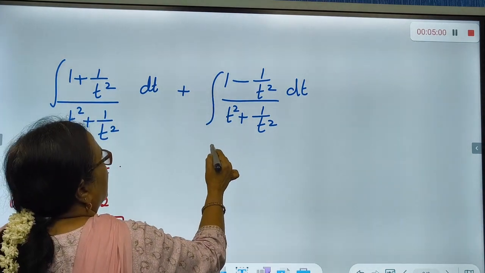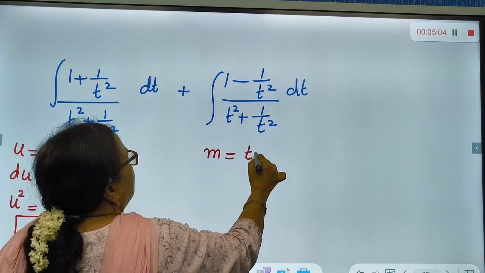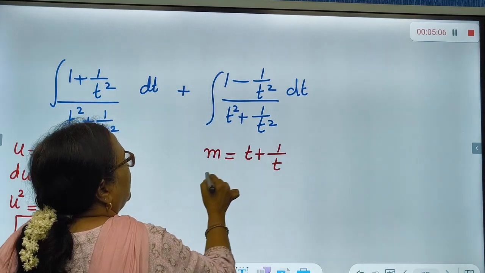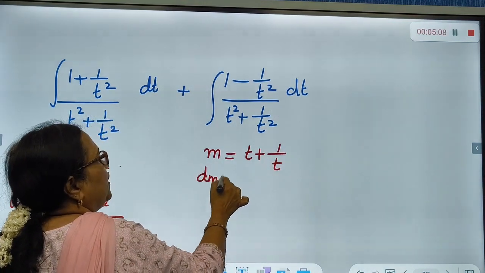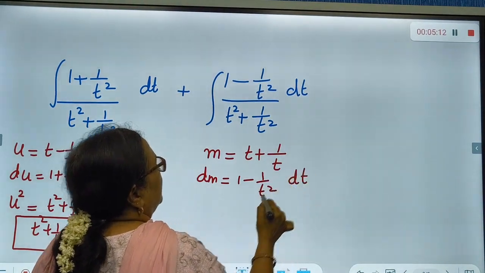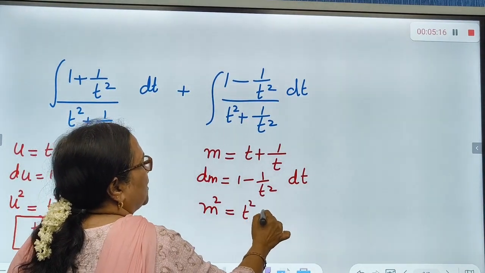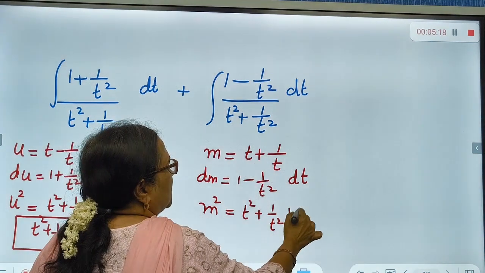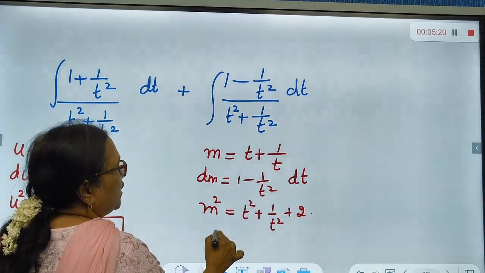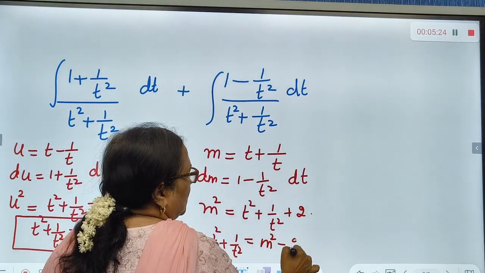For the second integral, I am going to take m as t plus 1 by t. Why? Because then dm will be 1 minus 1 by t square dt. Now m square will be t square plus 1 by t square plus 2. So t square plus 1 by t square will be m square minus 2.